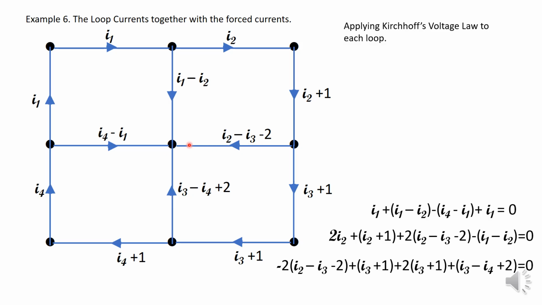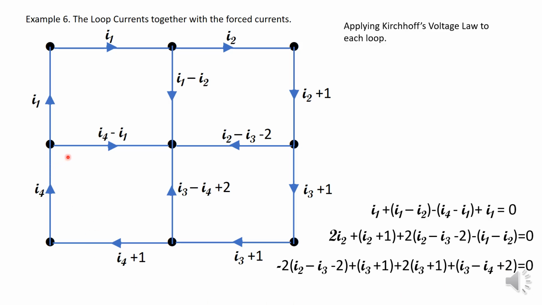So it's minus 2 times the current here, I2 minus I3 minus 2, and then plus 1 times the current here. That's the resistance times the current, and then plus 2 times I3 plus I1, and then plus 1 times I3 minus I4 plus 2.